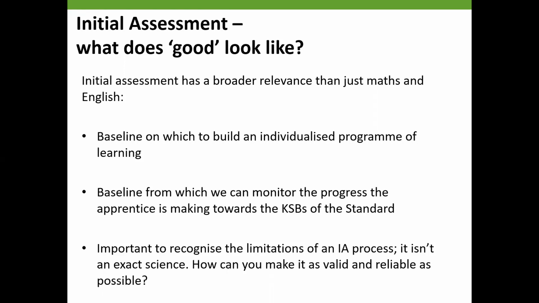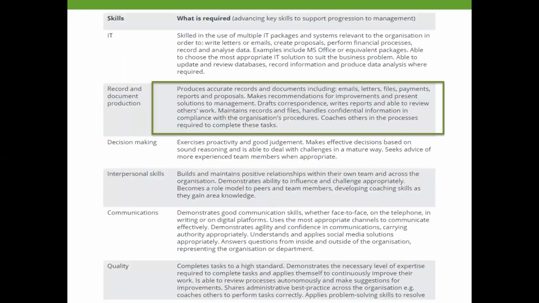So just with that in mind, I've just pulled out a particular section from the Business Administrator Standard itself. There's no reason I've picked this one. It just had enough detail in to pick up on.